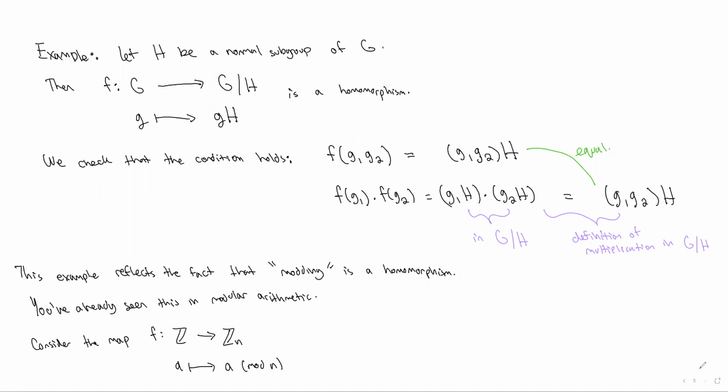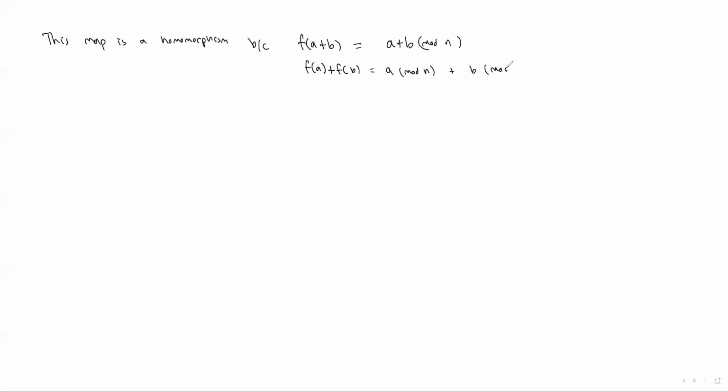This is a homomorphism because F of a plus b is equal to a plus b mod n, whereas F of a plus F of b is a mod n plus b mod n, which is a plus b mod n.